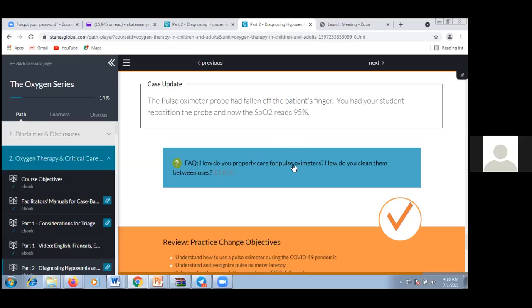The other thing is, in a COVID pandemic, when you are using one pulse ox for multiple individuals, you need to clean them in between. So how do you safely clean them? Take 2 minutes to respond to this discussion question.